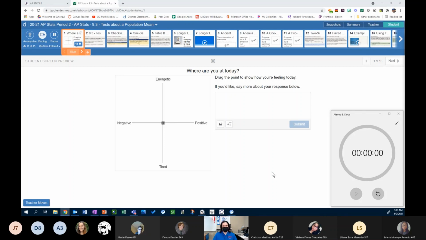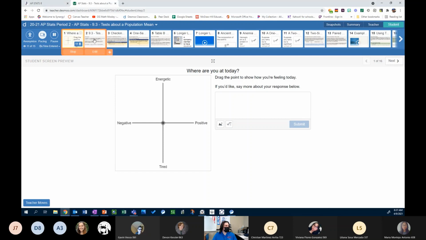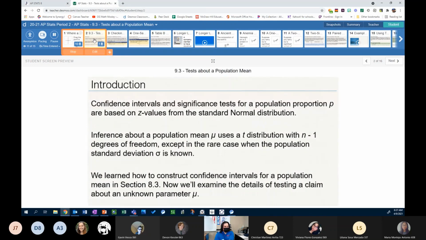All right, so we're going to get started with the lesson, and as I normally do, we'll keep adding screens here and move through. So first we have our little introduction. Section 9.3, test about a population mean. Confidence intervals and significance tests for a population proportion P are based on Z values from the standard normal distribution.